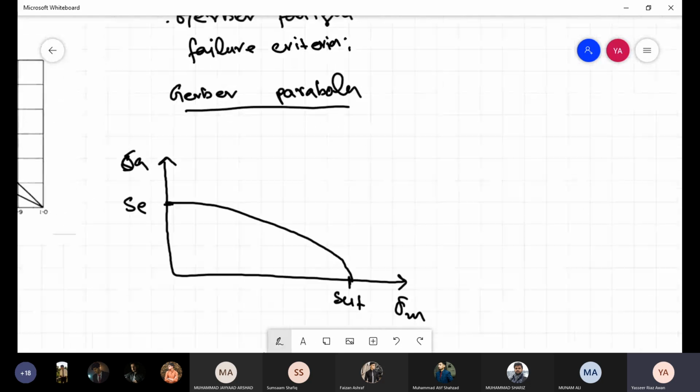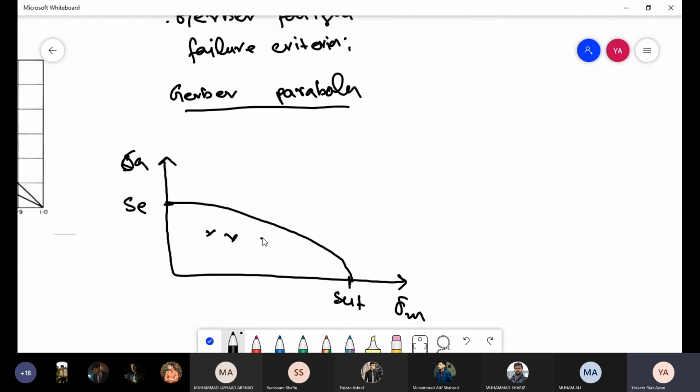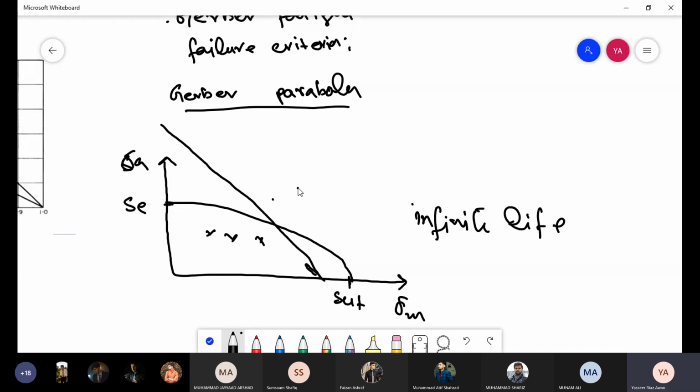Again, any point that would lie inside this would have infinite life. Any point that lies outside this would have finite life, and you would have to use this Gerber parabola with the yield check. So the Langer line would still be used. When you use the Gerber parabola, also use it with the Langer line.